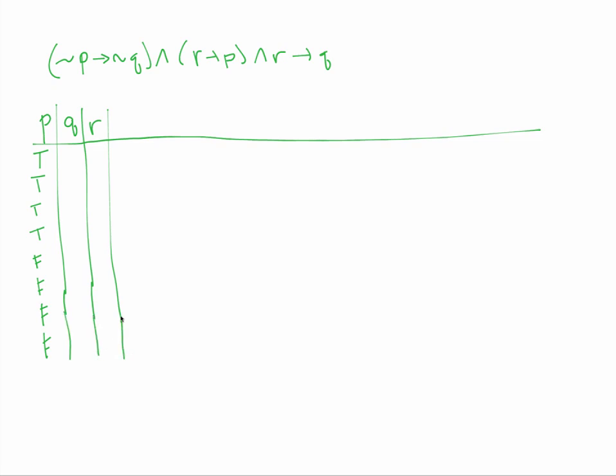And then the next one, Q. I'm going to alternate every 2. So I'll have true, true, false, false. And this is not the only way to do it. It's just the typical way that's done to arrange it this way. And then the R, I'll alternate every one. So true, false, true, false.